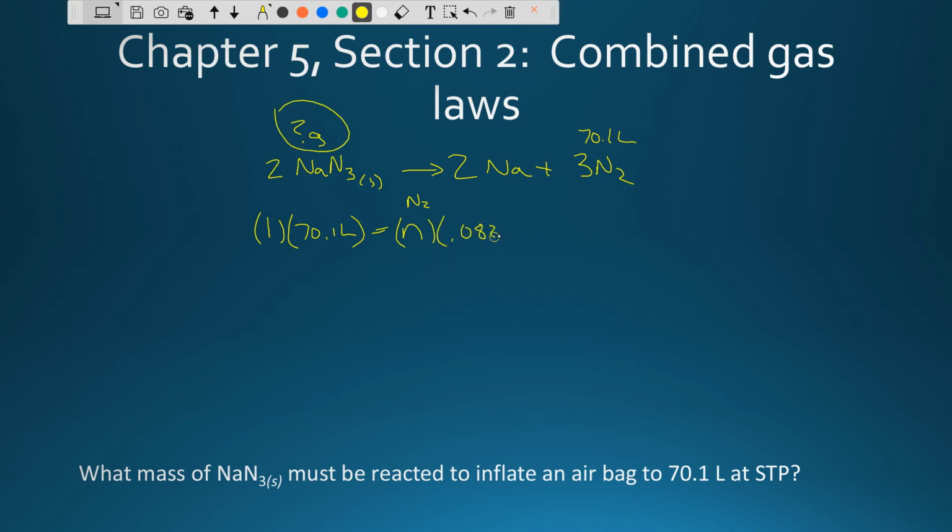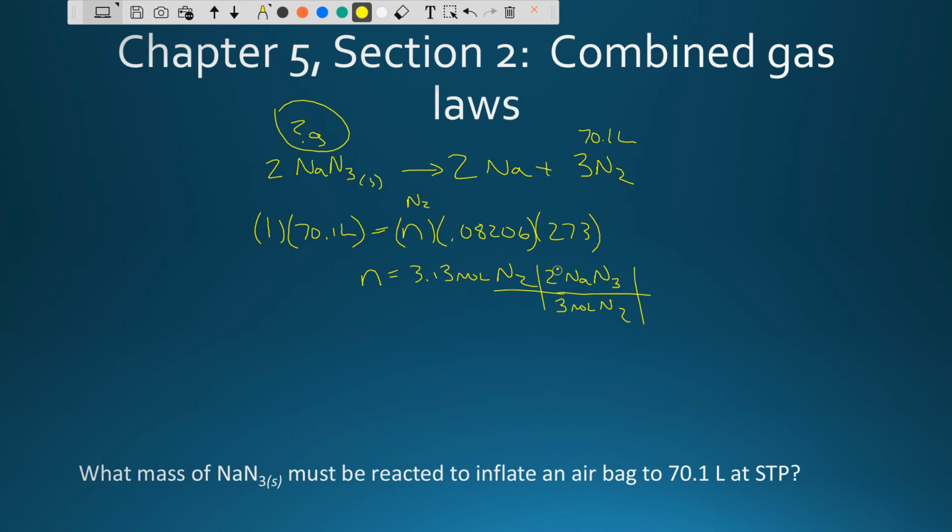So 0.08206, and my temperature at STP is 273. I could have used my 70 liters, 22.4 to 1 mole. I could have done that. Okay, so I do this route, I end up with 3.13 moles of nitrogen gas, and then I convert it over into my sodium azide. So in the balanced equation, I saw that I have 3 moles of nitrogen for every 2 moles of the sodium azide.